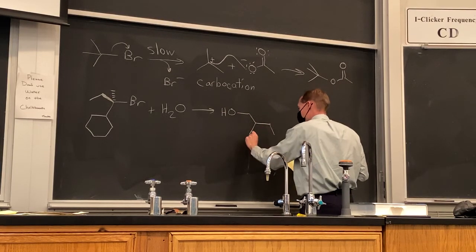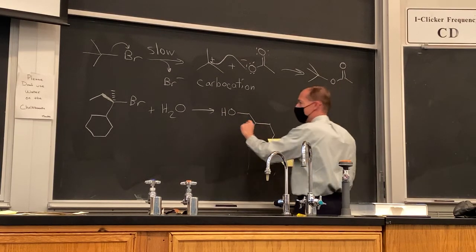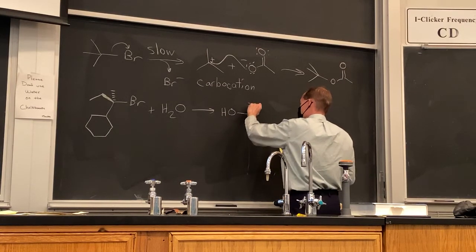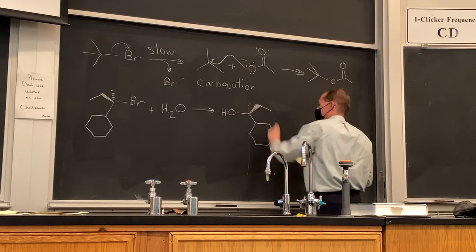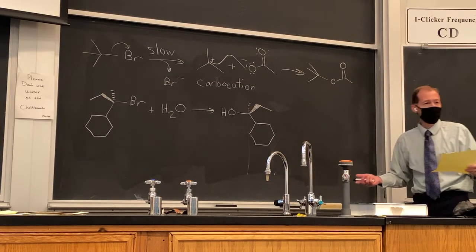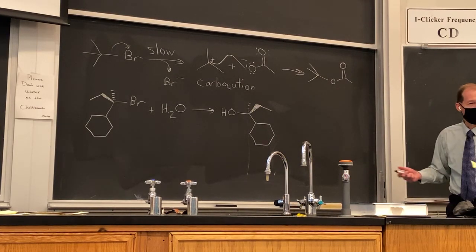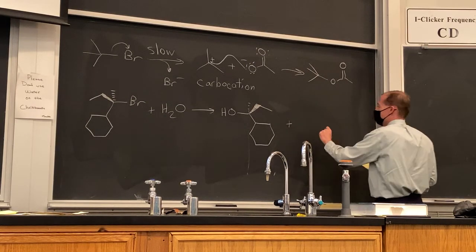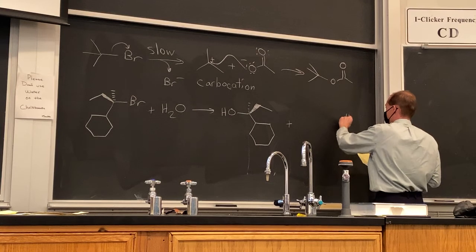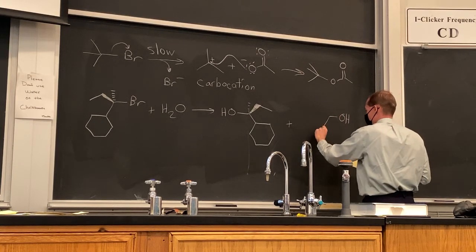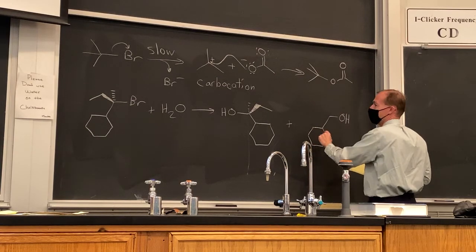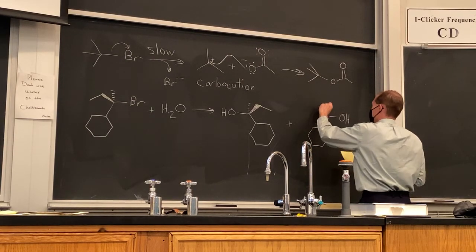So what happens in this SN1 reaction is we get the enantiomer where we've inverted the stereochemistry. Okay. So far it looks the same as SN2 chemistry, but we also get the enantiomer where we've retained the stereochemistry, that has the same stereochemistry as our starting alkyl halide.